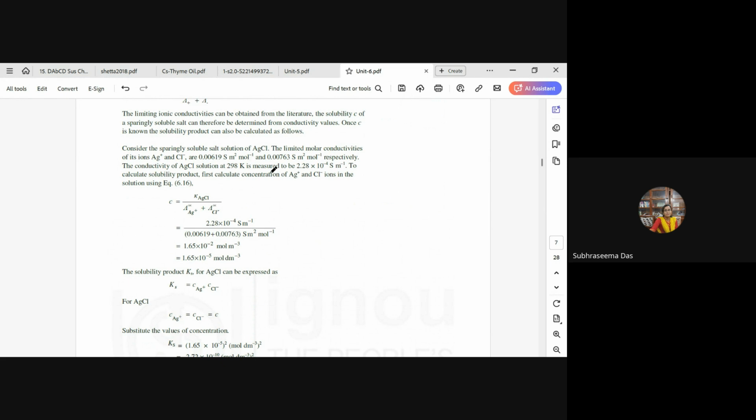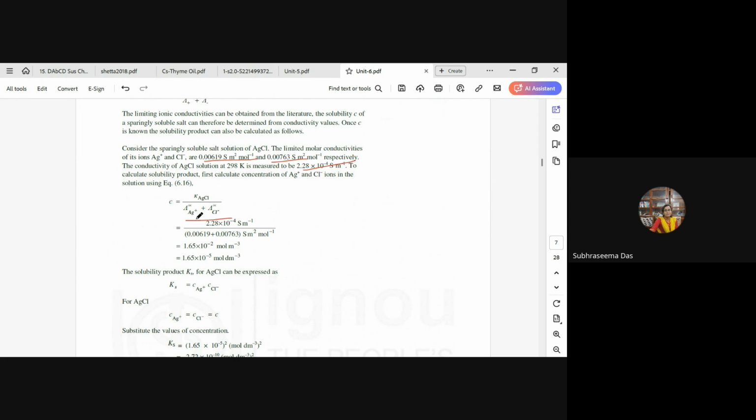For AgCl, the lambda infinity plus and lambda infinity minus have been shown. The conductivity, that is the kappa value, has also been given. First we have to calculate the concentration of Ag plus and Cl minus. So C is equal to kappa of AgCl, that is 2.28 into 10 to the power minus 4, by lambda of Ag plus and Cl minus. Both the values have been given.